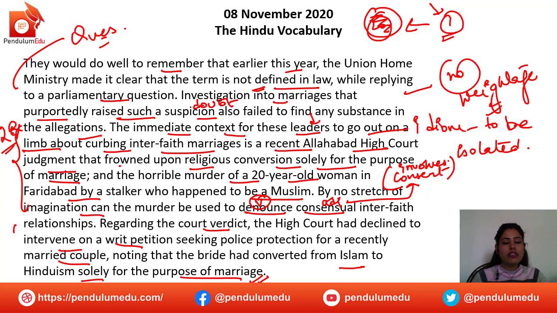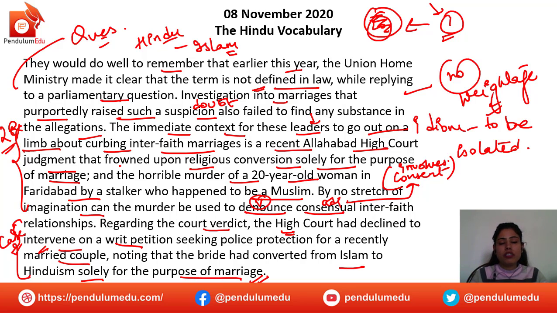So recently what happened is the High Court declined or denied that it would interfere, alright, and this was for a particular case, one such case wherein police protection was asked for by a married couple, where the girl happened to be Hindu and she converted her religion to Muslim or Islam.